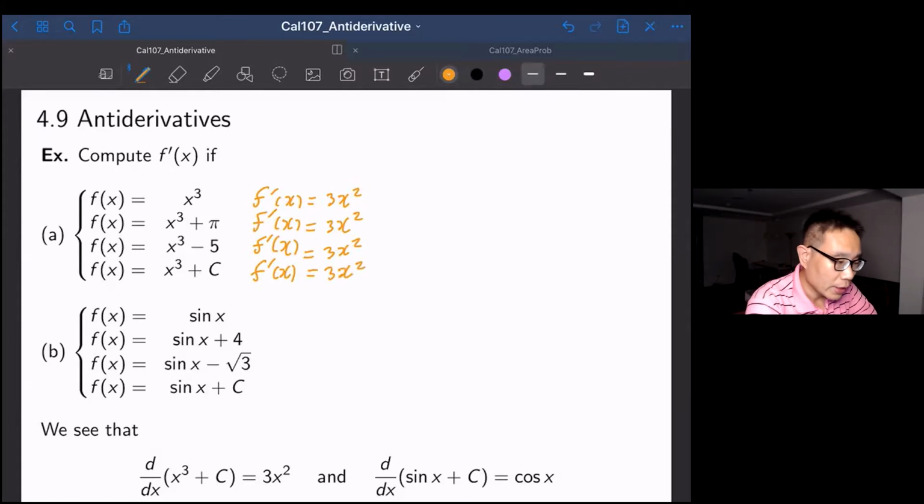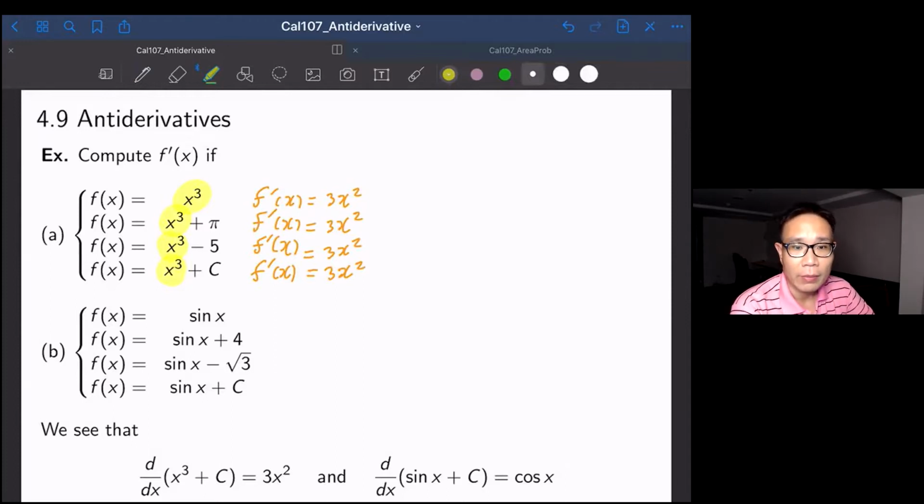So you see that the thing that matters turned out to be the function x cubed. The constant that you add, plus pi, minus 5 and plus c, doesn't matter at all. So you have the same derivative. Similarly, for the second one, you have f(x) equal to sine x plus 4, sine x minus square root 3, and sine x plus c.